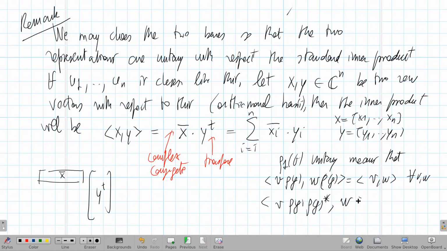Okay, so what we have here is that this adjoint is nothing else than the inverse of rho G. Okay, because this we discussed already yesterday.